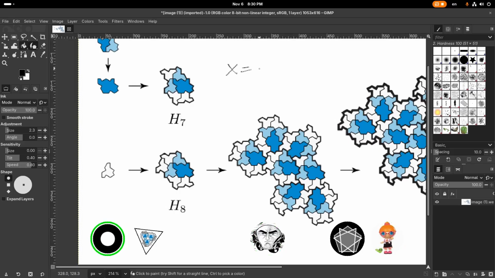Just to mark my tracks here: this is x, this is x, this is zx, this is z squared x. This one is y, I guess. I think you want pi over 6. The middle one is an x.